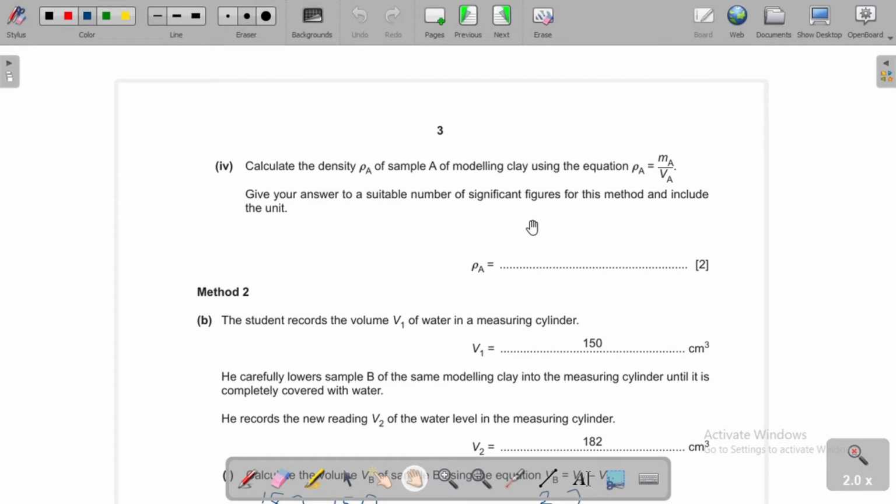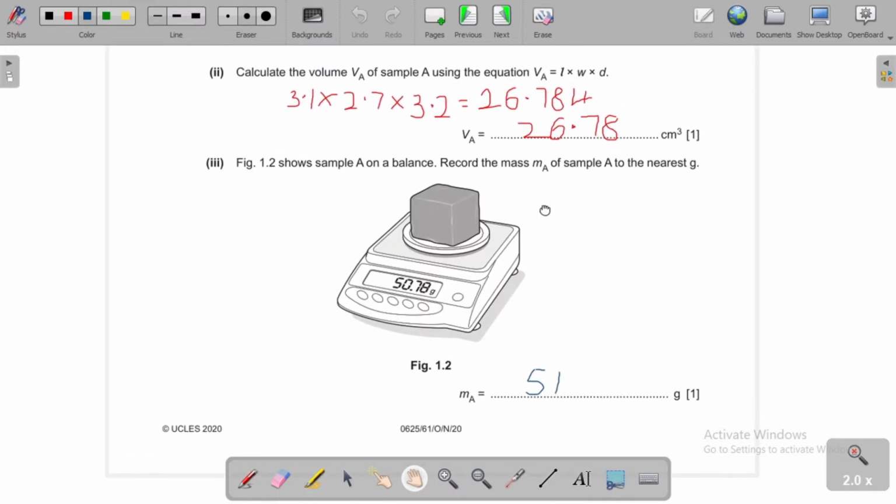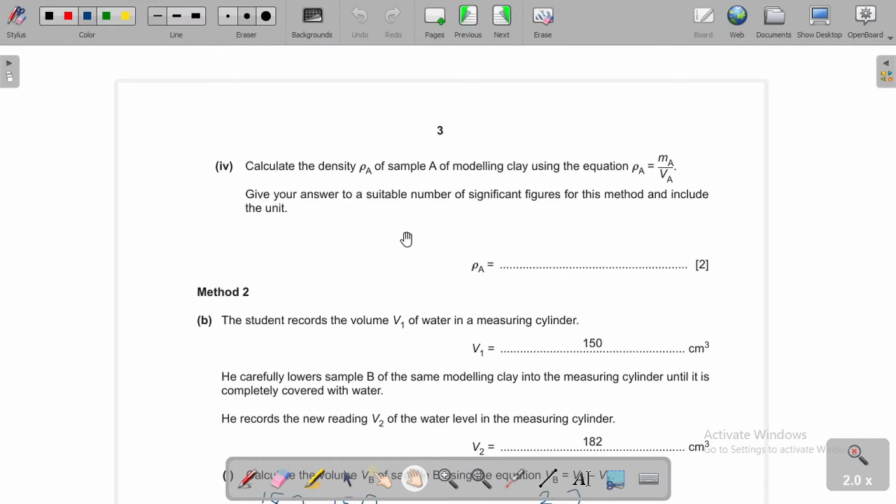Let's look at the values of MA and VA from the previous question. MA is 51, VA is 26.78.